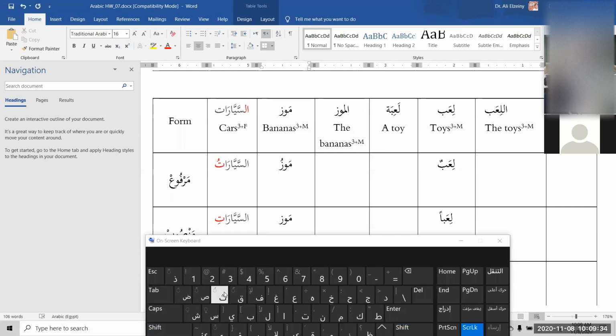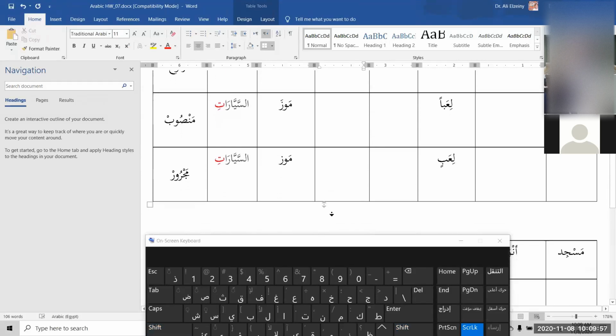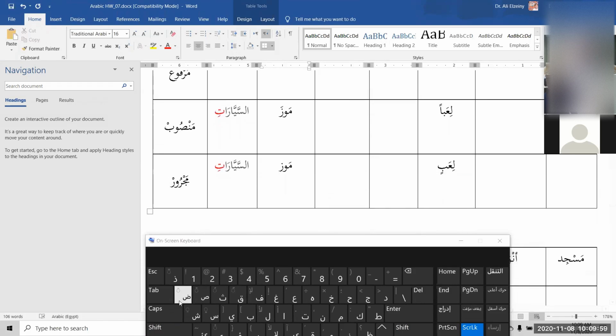For this one it is ضمة, موزو. I'm sorry, مرفوع is ضمة, منصوب is فتحة. So this one will go like this, the فتحة. And then I go down here, it says مجرور is كسرة. Then I put كسرة on the bottom.